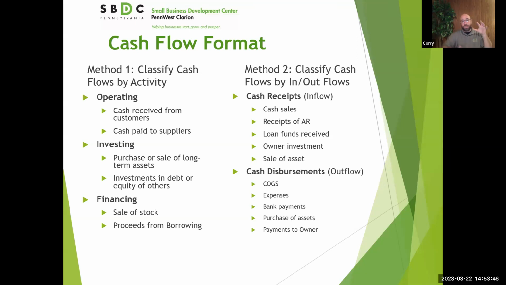All of that is grouped together as separate line items on the top half of your piece of paper. Then the bottom half is all the monies going out: your cost of goods sold, your expenses, your bank payments, principal and interest, any purchase of assets, and any payments to your owners, like draws to sole proprietors and partners.